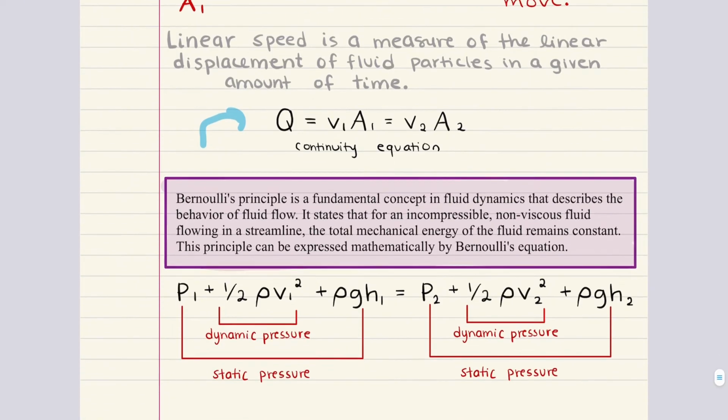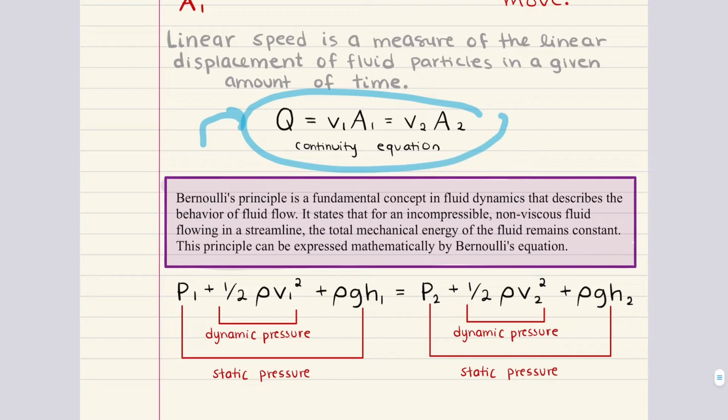This equation is expressed in the following way, where Q is equal to V1A1, and that is equal to V2A2. Here, Q represents the flow rate, or the volume of fluid passing through a section per unit time. V1 and V2 are the linear speeds of the fluid at points 1 and 2 respectively. A1 and A2 are the cross-sectional areas of the pipe at these points.